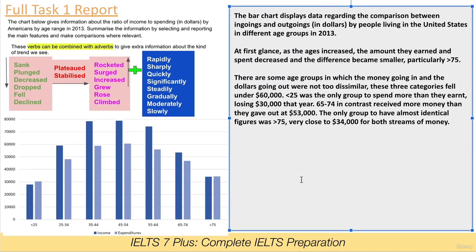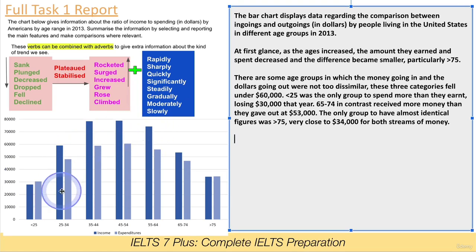Under 25 was the only group to spend more than they earned, losing 30,000 that year. 65 to 74, in contrast, received more money than they gave out at 53,000. The only group to have almost identical figures was over 75, very close to 34,000 for both streams of money. Okay, so that is our first group.